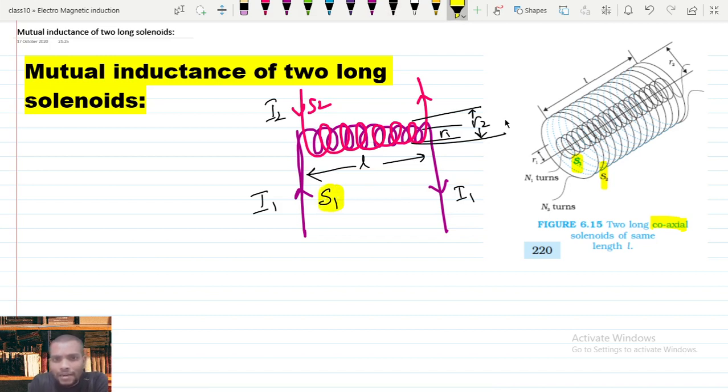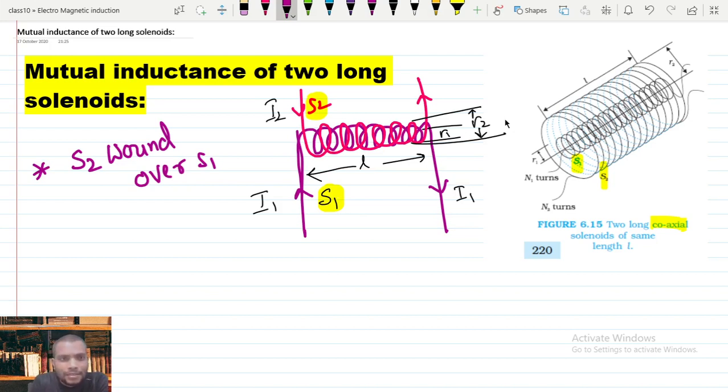So here S1, S2 are two solenoids, and the important thing is that S2 is wound over S1.